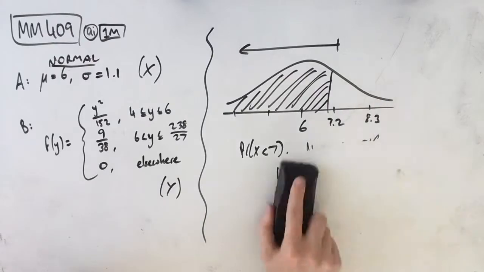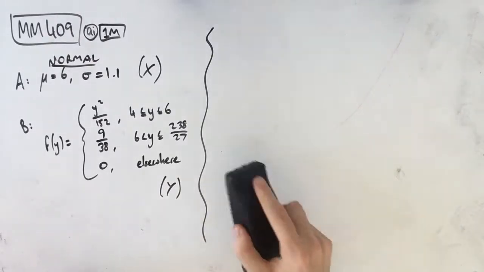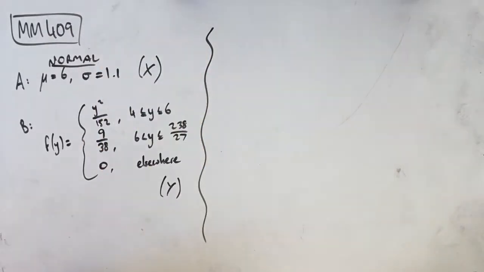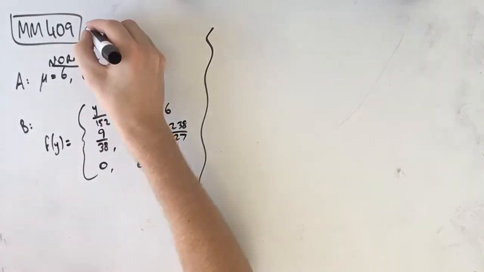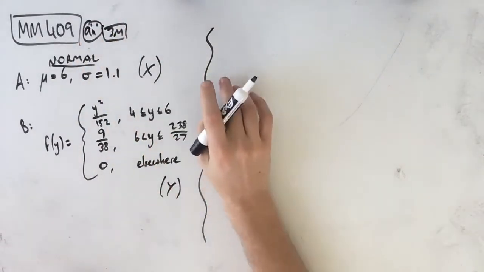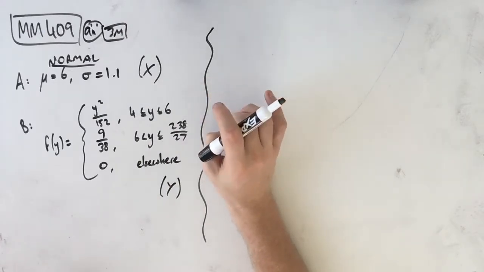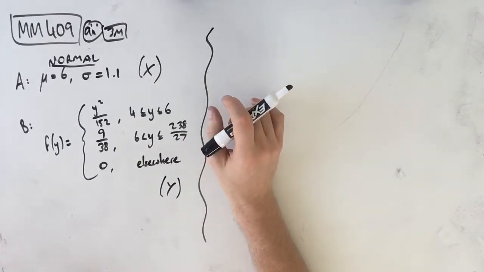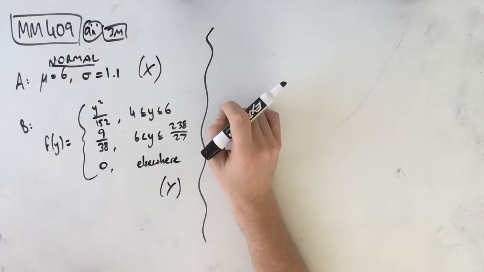Part A(ii) is a little trickier, and it's also a 3-mark question. So this is a nice bulky one. Awesome. Now it says find the probability that factory B produces a piece of custom furniture in less than 7 hours. Alright, awesome. So this one's a bit more in depth.